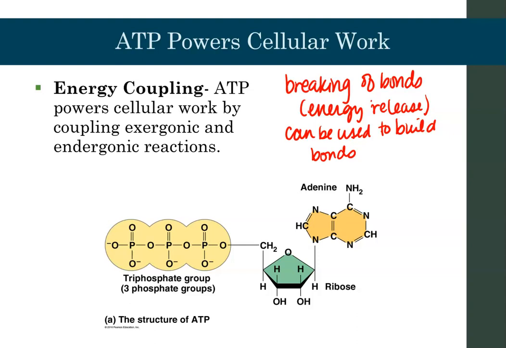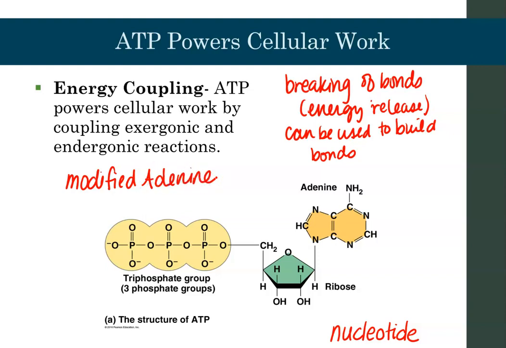with another molecule. So this is a diagram of our ATP molecule, and you might recognize this as a modified nucleotide. So in chapter 3, we learned that nucleotides are the monomers of our nucleic acids, DNA and RNA. And this specific molecule, ATP, is actually a modified adenine molecule, our DNA A base.